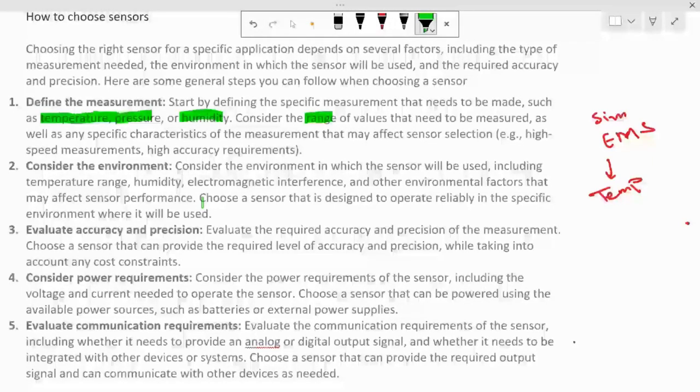If the temperature varies by 0.5 degrees, it will not matter much. But if you are making an environment monitoring system for a drug manufacturer, where the slightest temperature change can affect the end product, here you will take sensors with more precision and accuracy.